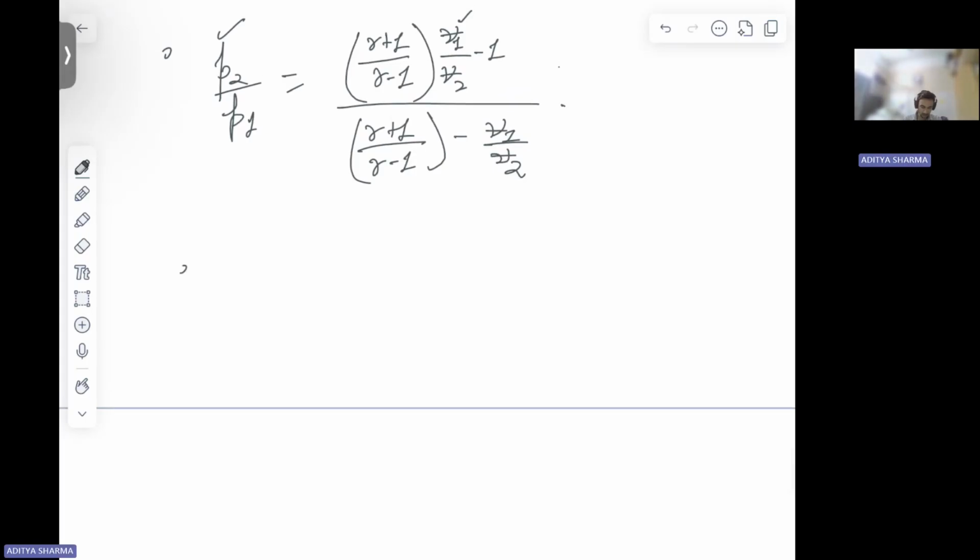And then there is a comparison between your isentropic compression and your Hugoniot curve, which gives your compression because of the shock wave. So this is somewhat like this.